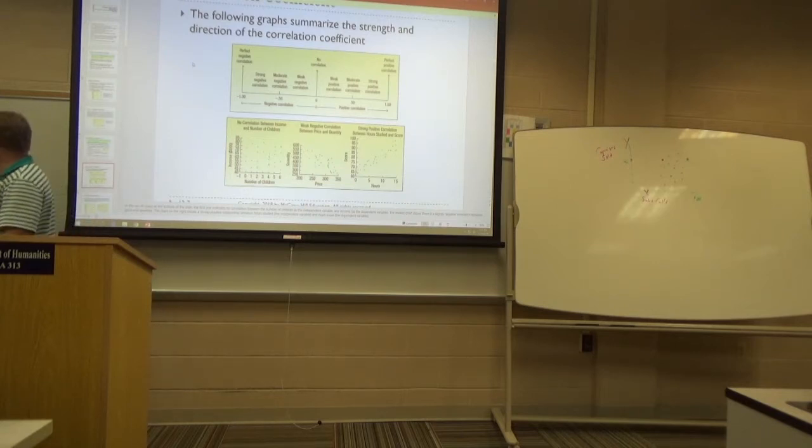Okay, so if our line, when we draw that scatter plot, is heading down like this, are we going to get a positive number or a negative number? Negative. If our line is heading up to the northeast like this, what are we going to get, a positive number or a negative number?